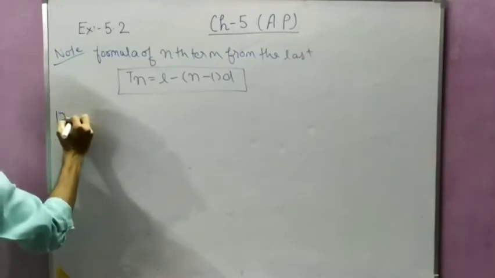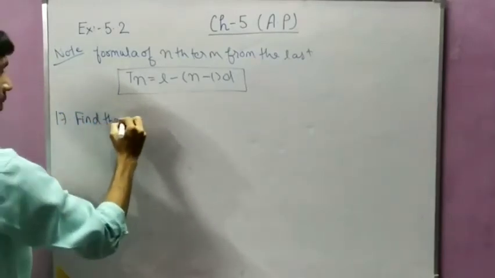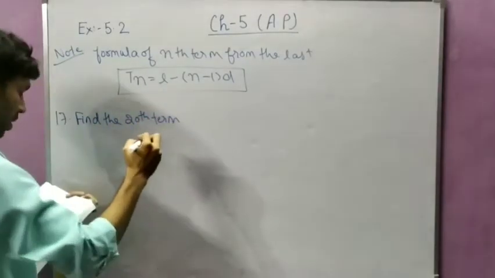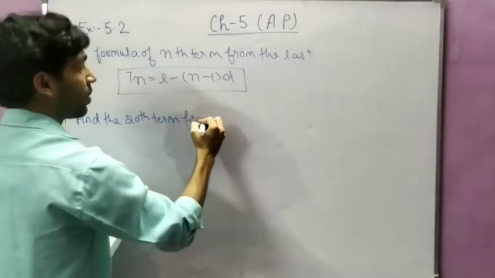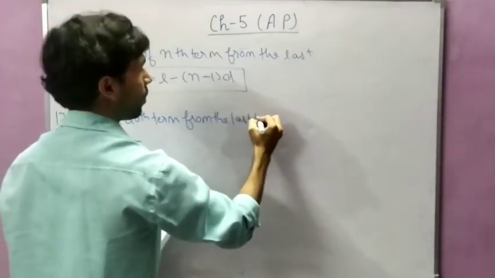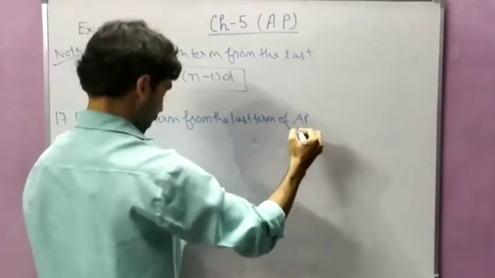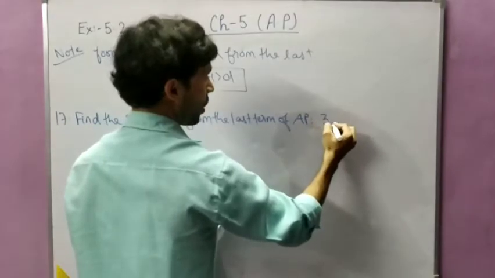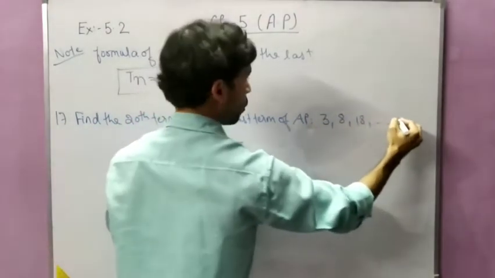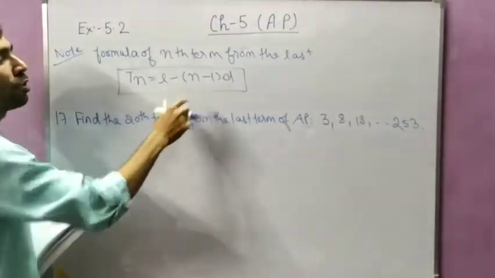Question number 17. Find the 20th term from the last term of the AP 3, 8, 13, ..., 253. See, here the last term is written, so it means you have to use that formula.